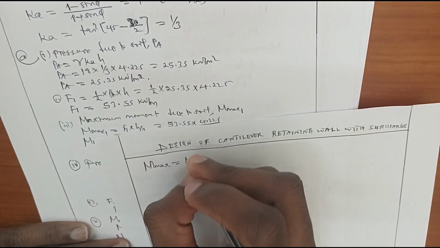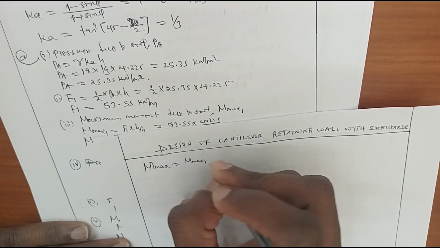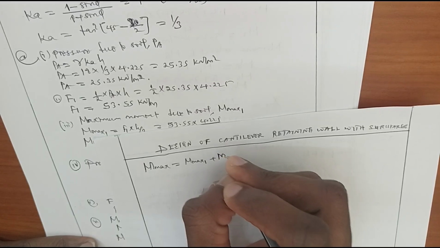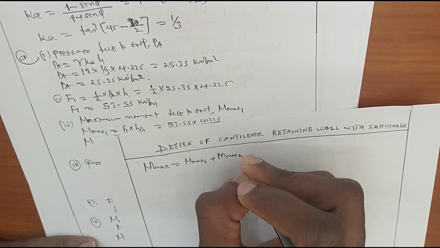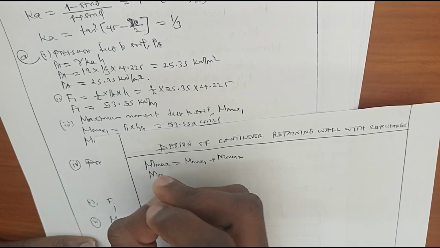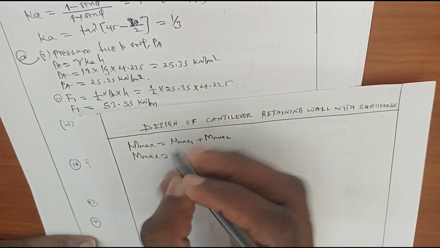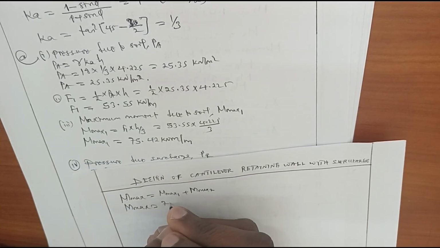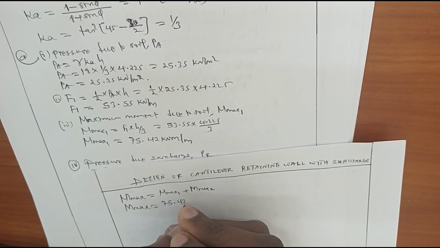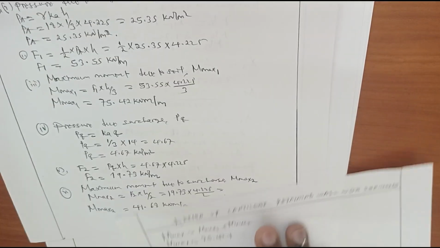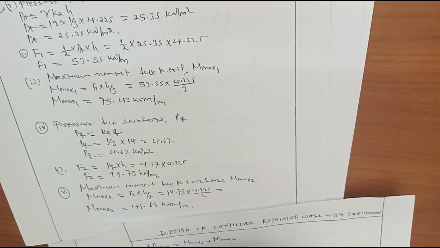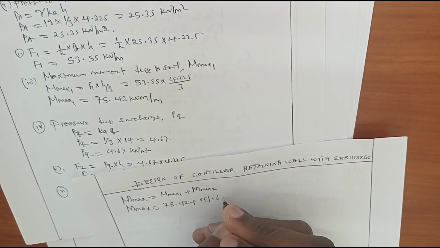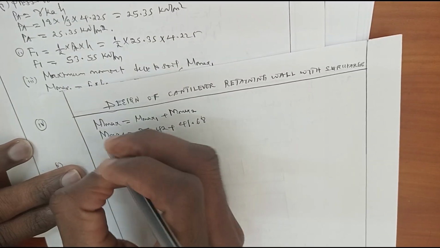So we take the maximum moment due to soil, which is maximum moment 1, plus the maximum moment due to surcharge, which is maximum moment 2. Maximum moment will be equal to the maximum moment due to soil, which was 75.42, plus the maximum moment due to surcharge, which was 41.68.